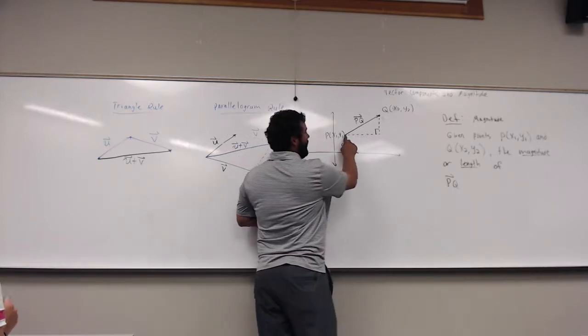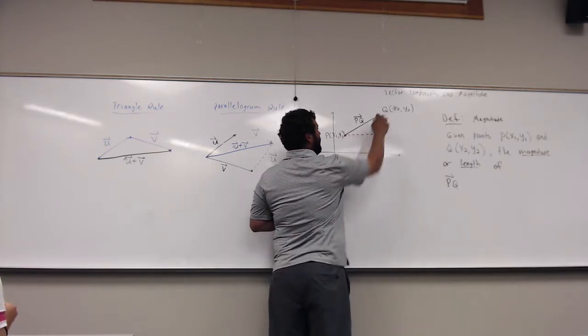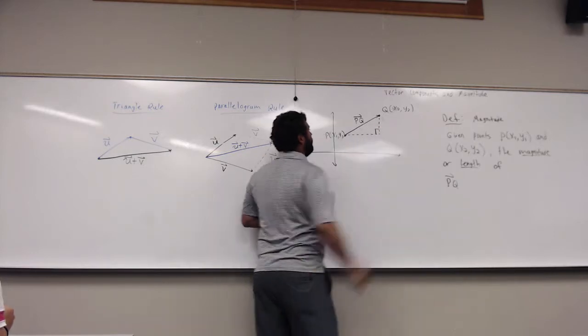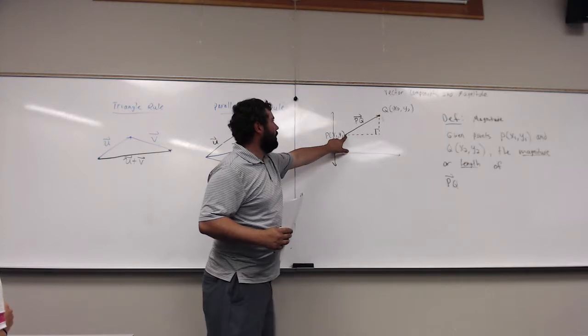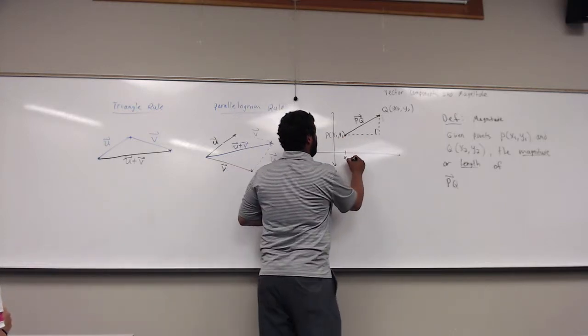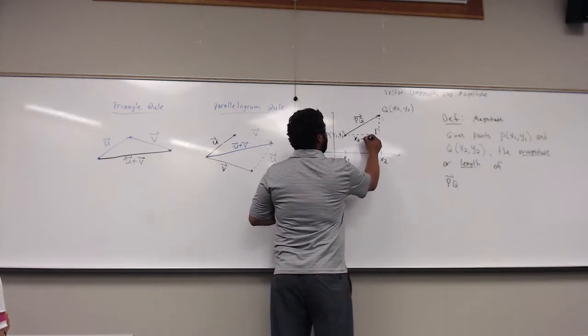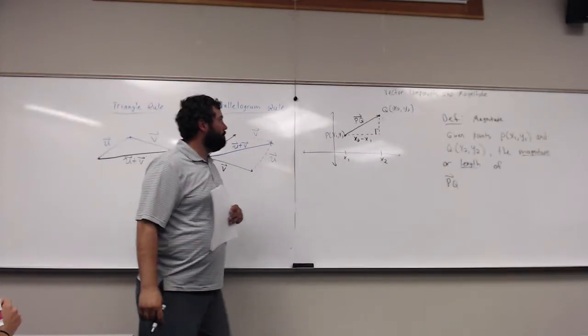If I want the directions, the components are just the directions. How do I get from the tail to the head? Well, we just have to find the horizontal distance and the vertical distance. If I'm starting here at the x coordinate x1 and I'm finishing over here at x coordinate x2, the distance right here is going to be x2 minus x1.